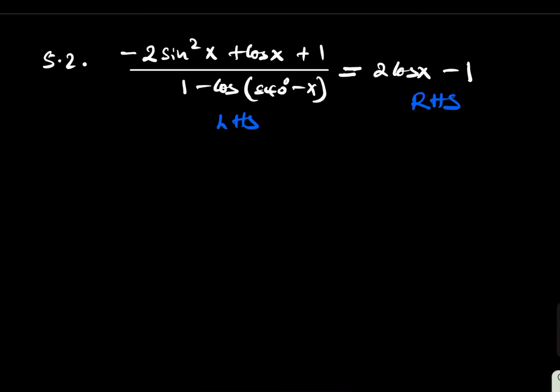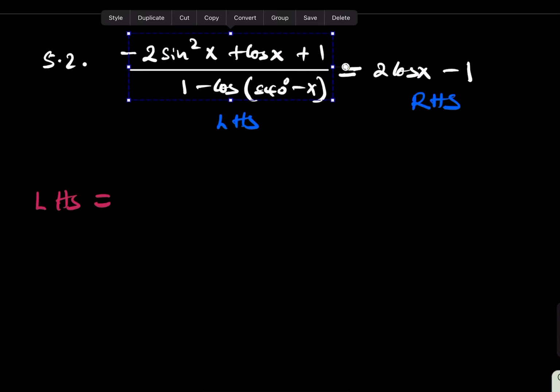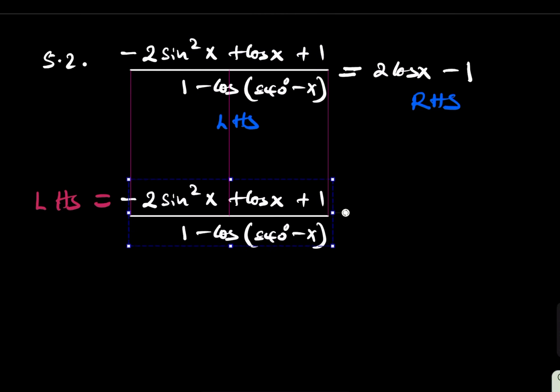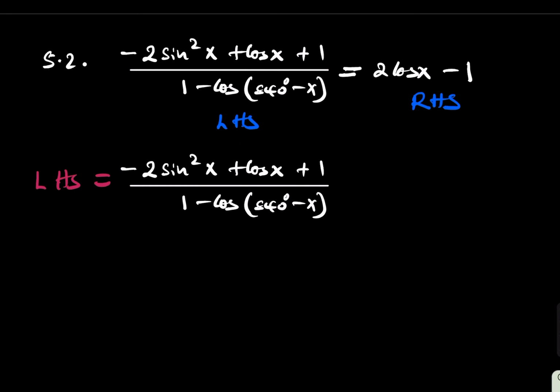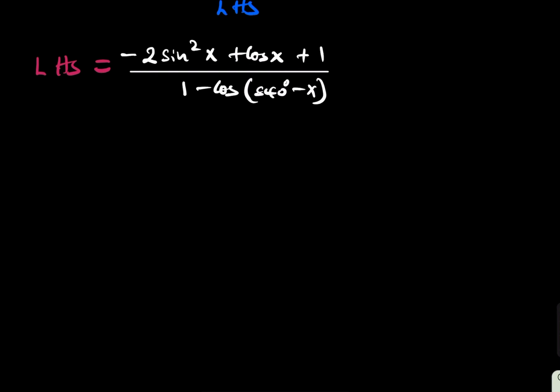So in our case here, unless otherwise, the left side is more complex than the right side. So I'm going to be proving from the left side. So I'm just going to copy it to show you that I'm now going to be proving from the left, and it must really give me what I have on the right. These are takeaways in the exam, but students are really gasping in the exam. I'll tell you why.